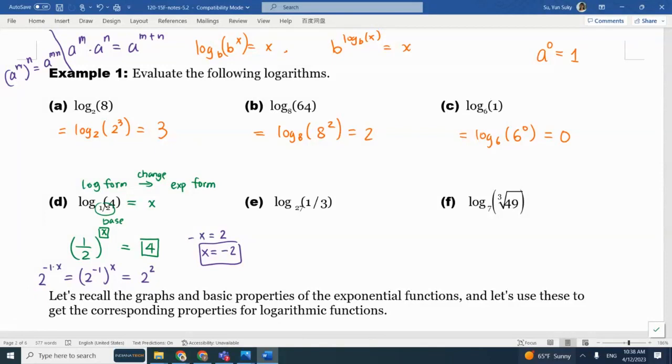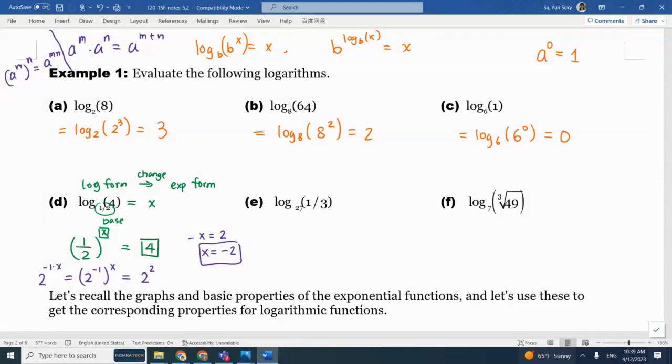So 1/2 is 2 to the minus 1. 4 is 2 squared. And then, okay, we want to figure out what this is. So 2 to the minus 1 to the x, you multiply the exponent. So you get 2 to the minus x. So therefore, now both sides have the same base. You set the exponent equal to each other.